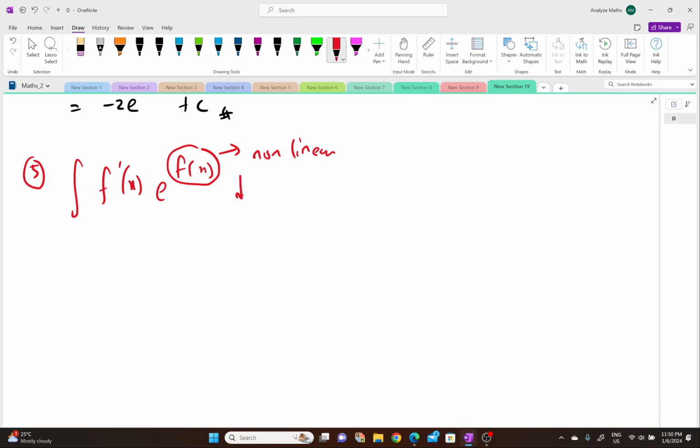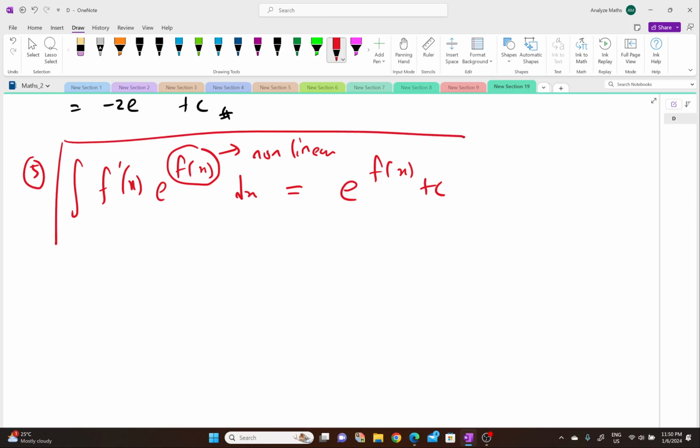Non-linear means x more than power 1. If you see this, then the formula is just, okay, if you see the f and you differentiate that f, if it is in front of the function, then you just write like this. Let me show you an example here.